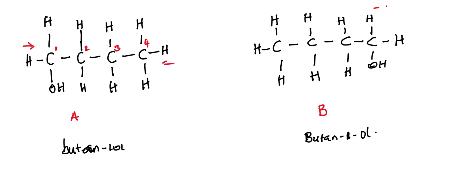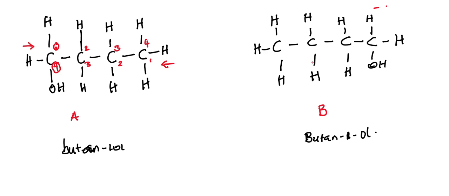But if we're numbering from this side, we have carbon number 1, carbon number 2, 3, and 4. Okay, so either way, the position of the OH group here, we have 1 and we have 4. So we're going to go with 1 because 1 is a smaller number than 4. So that's why we're going to name this butan-1-ol.